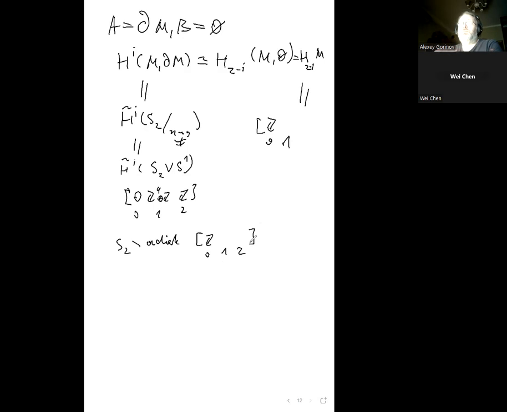I don't know how to compute it. Well, there are several ways, and one way would be to represent S2 as an octagon.